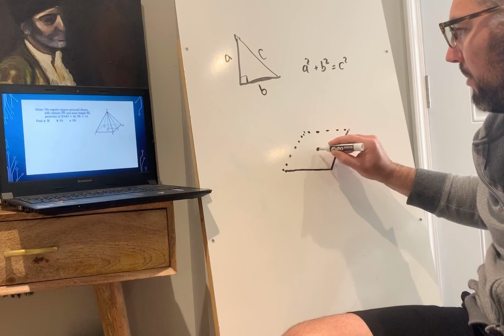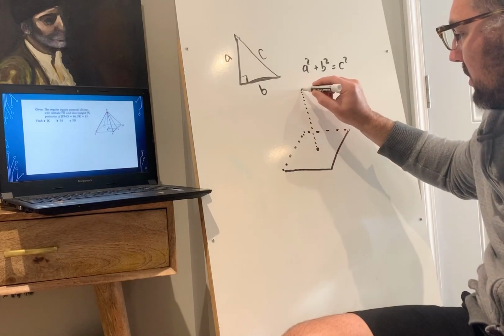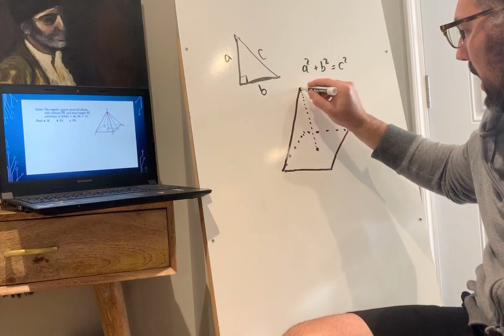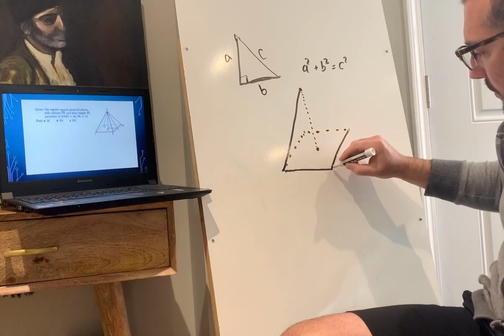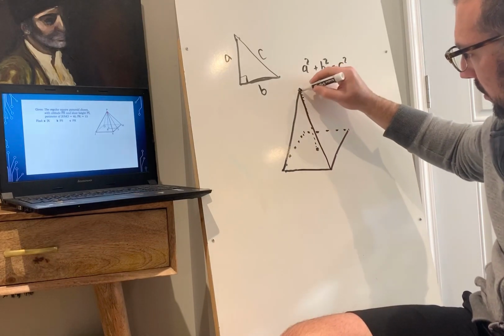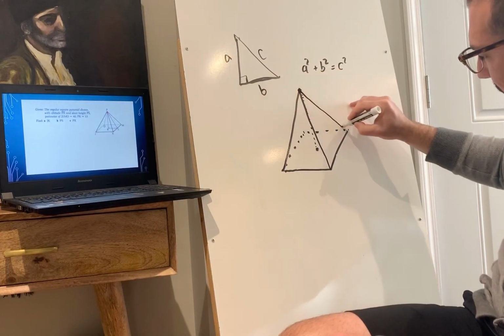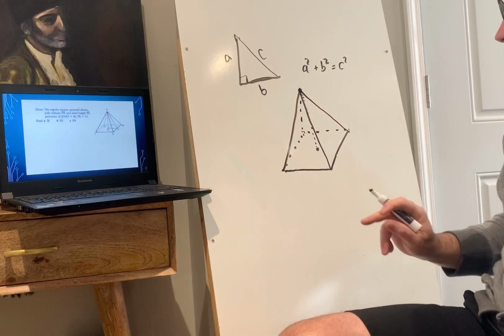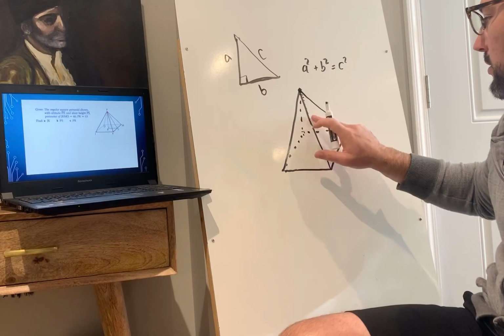And then I'm going to find the middle, and I think I'm going to do the altitude first. That's the line that goes from the vertex to the center point on the square. Okay. And here are my faces. All right. So there's my regular square pyramid.